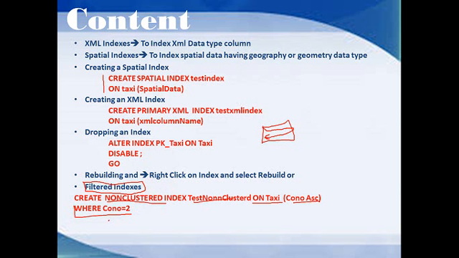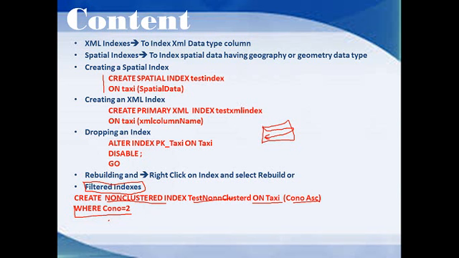So we'll find the records where the company number is 2, and these will be indexed. This is very good because instead of indexing the entire table, we knew that company number 2 is very frequently used, so we can create a filtered index.